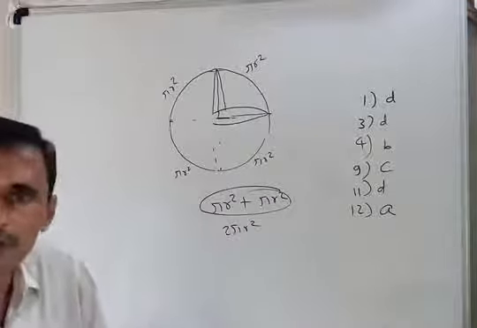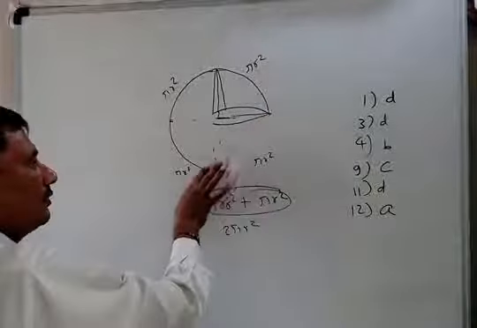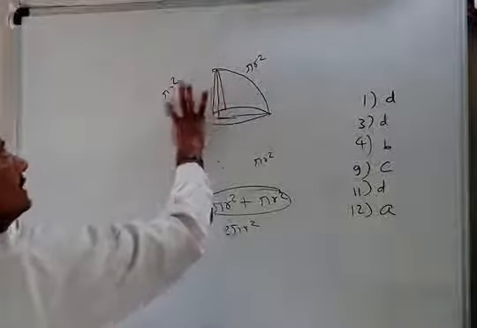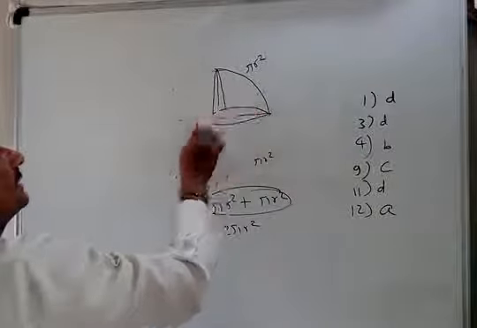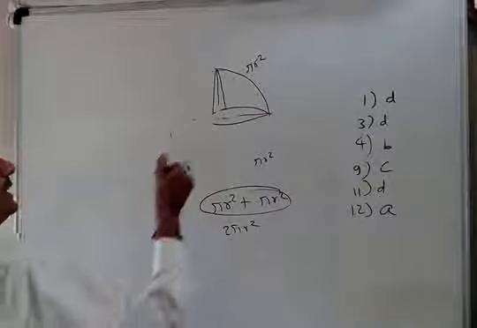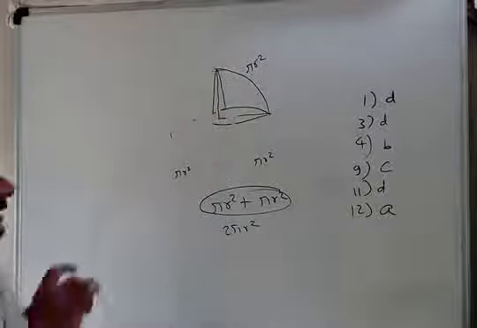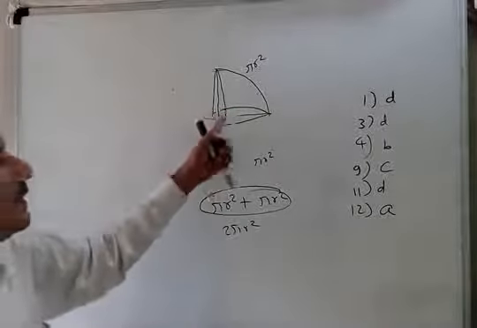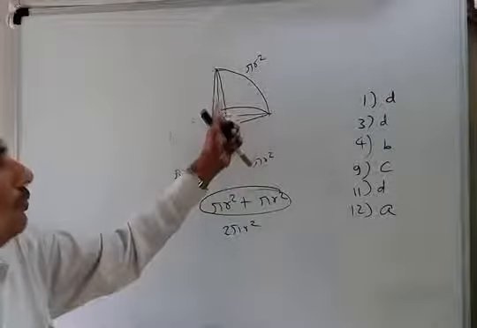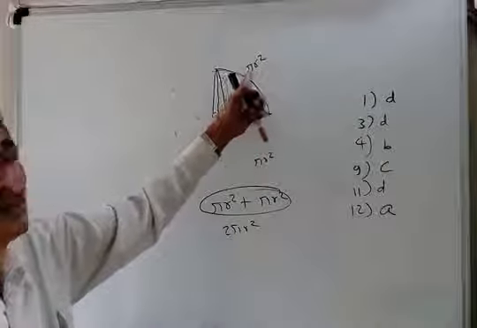Again I repeat it. If you divide the whole sphere into fourth parts, then it will be like this. 2 hemisphere will be here. And accordingly, you just add both these semicircles into the curved surface area.